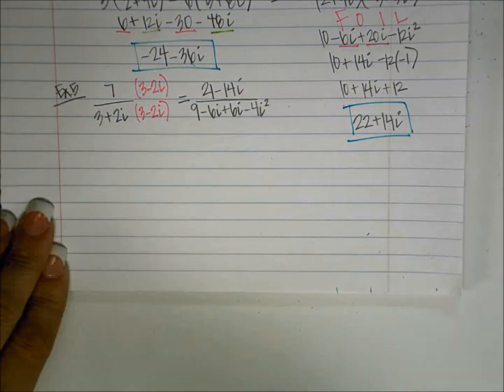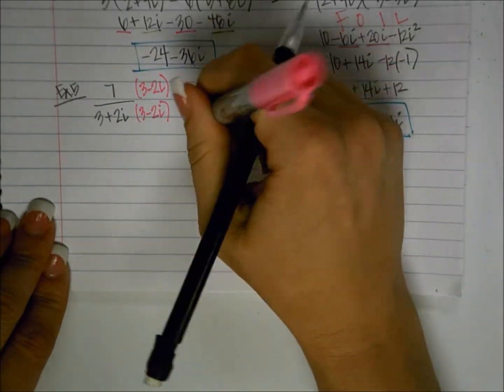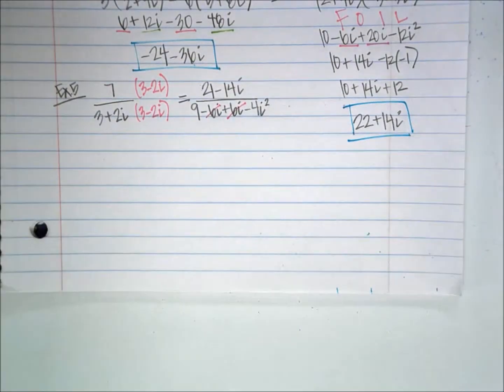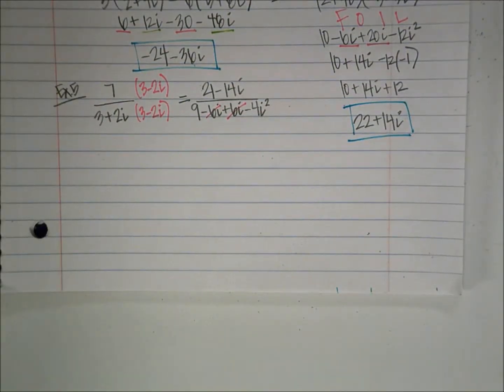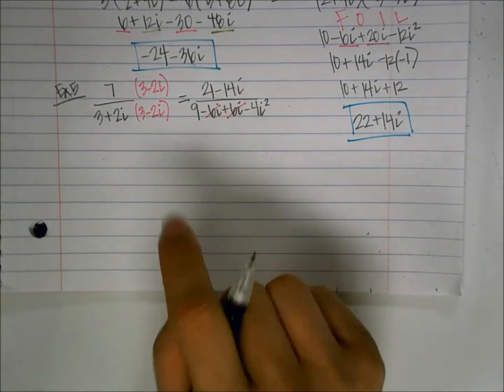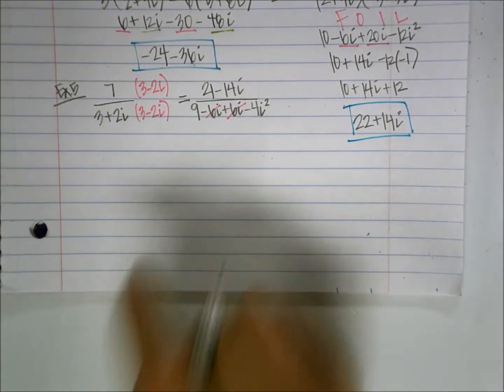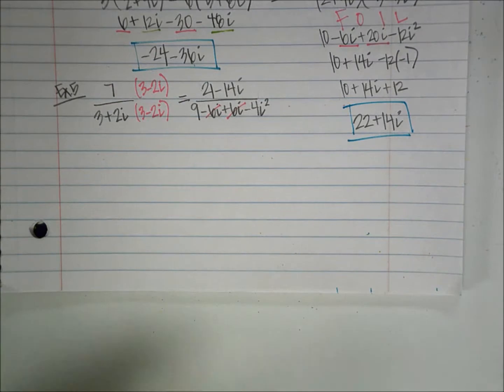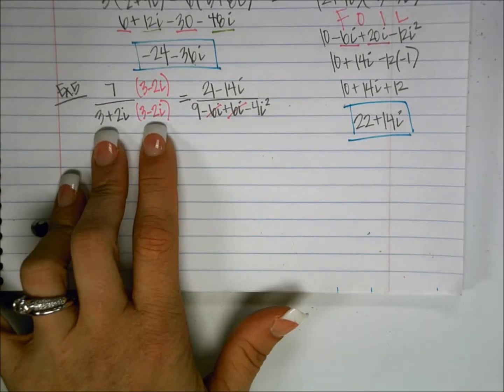Now, I noticed that on your quizzes, you know that when you multiply the conjugate, the insides are going to go away. So a lot of you have gotten a little lazy, and all you've done is started multiplying the first and the last. Well, that doesn't work all the time, because sometimes we're not multiplying by things that will cancel out in the middle.